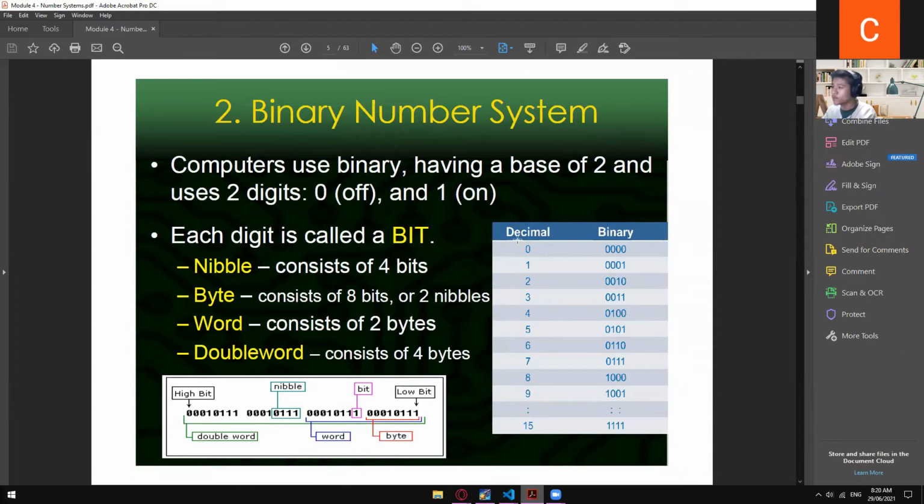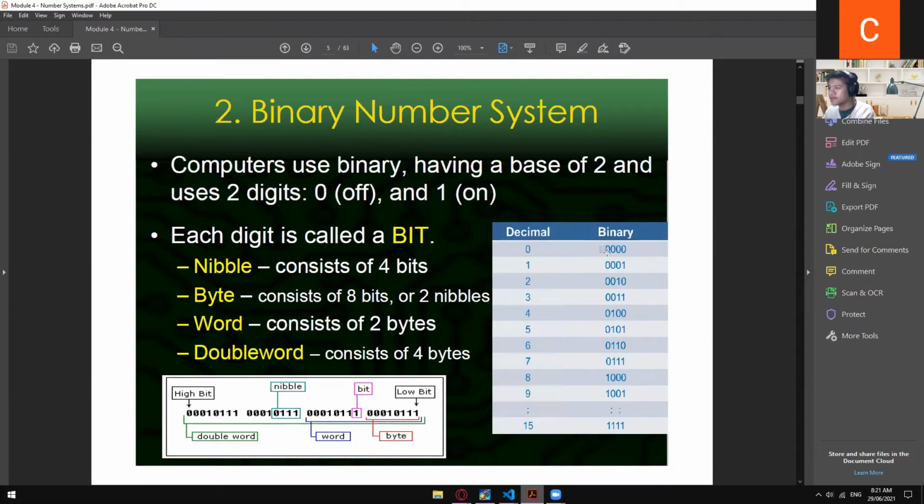Okay, so for decimal, we have 0, 0, 0, 0. I guess it's very obvious. As you guys can see, we have 4-bit. That's the default number when it comes to forming a binary number. Even though we only have 0 and 1, we still need a 4-bit character in binary, just to represent the decimal in a complete manner.